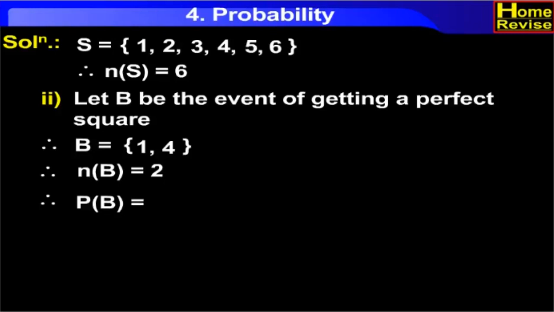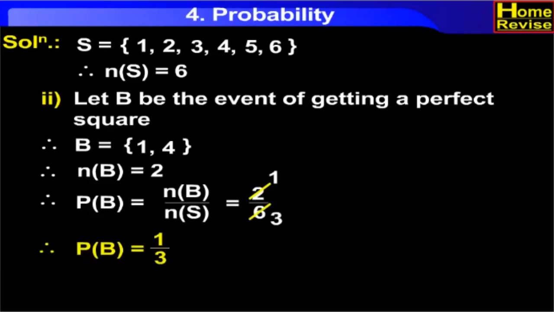Therefore, probability of B is equal to n(B) upon n(S) is equal to 2 upon 6. 2 ones are 2, 2 threes are 6. Therefore, probability of B is equal to 1 upon 3.